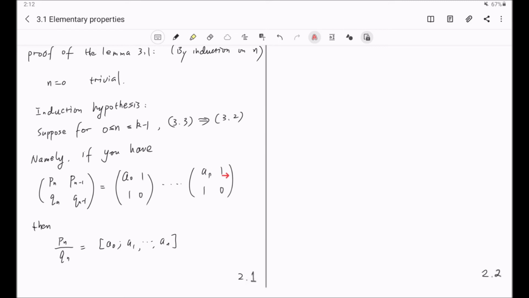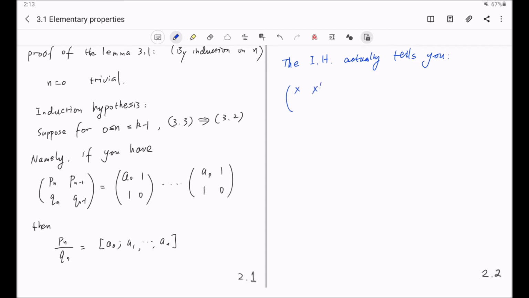Now here is a very, very important step and a little bit hard to understand. This induction hypothesis actually tells you something more than this. The induction hypothesis actually tells you the following. If what you have is not some specific labels like p sub n minus 1, q sub n minus 1, it's something that looks more general.